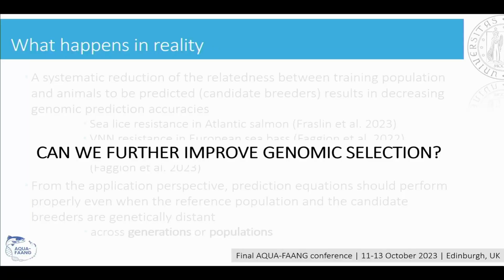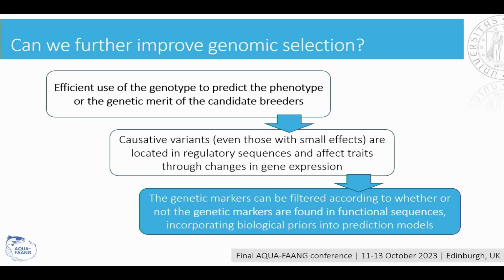So how can we improve genomic selection with this in mind? This is what we saw at the very beginning of the day from Dan. We can use the genotype efficiently to predict the phenotype or the genetic merit of the breeding candidates. We can take advantage of causative variants, even those with small effects.